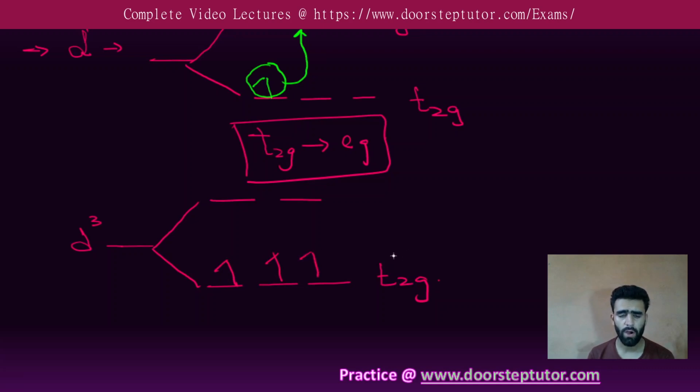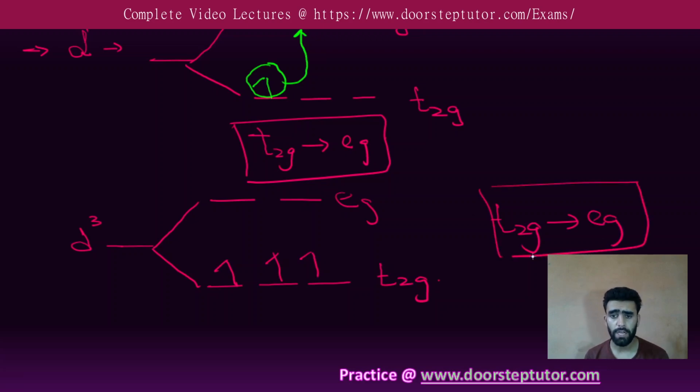There will occur a transition from the t2g to the eg, and because of this transition the color arises.